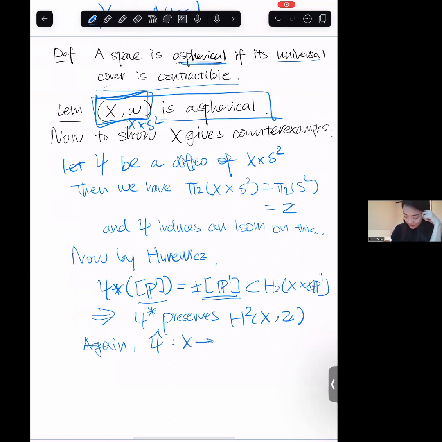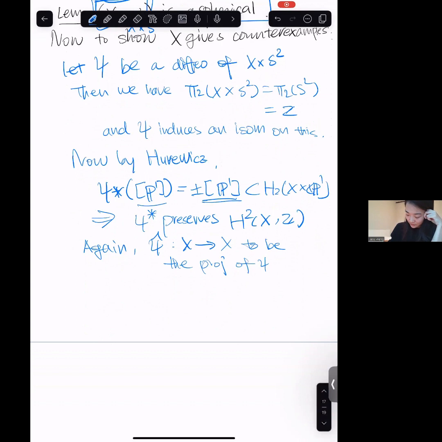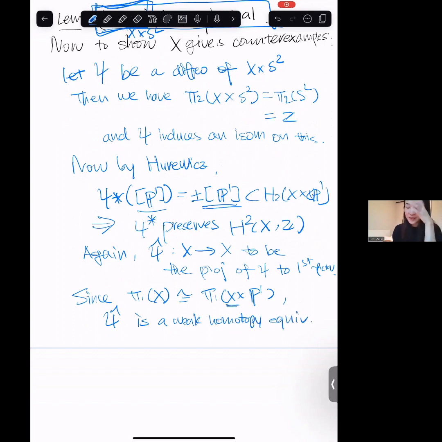Define psi hat to be the projection of this diffeomorphism to the first factor. Since pi1 of X is the same as pi1 of X cross P1, psi hat is a weak homotopy equivalence because X is aspherical.